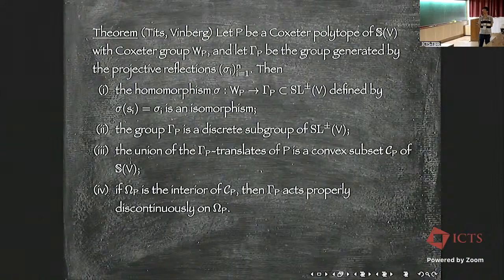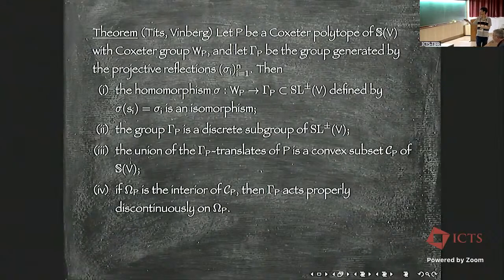Moreover, this group gamma is a discrete subgroup of SL plus minus V. Starting from this polytope P, you can consider the gamma translates, the orbit of P. Take the union. This union is always a convex set.